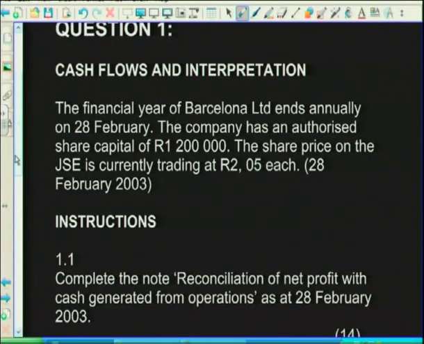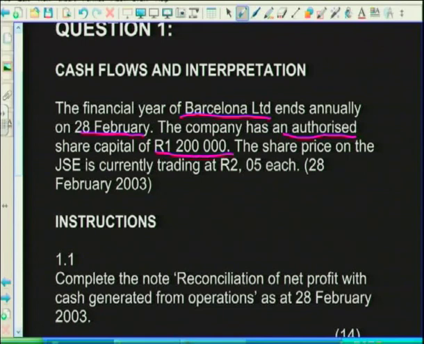Right, I'm going to read through the entire question. We're going to make a few notes as we read. The financial year of Barcelona Limited ends annually on the 28th of February. The company has an authorized share capital of 1.2 million rand.